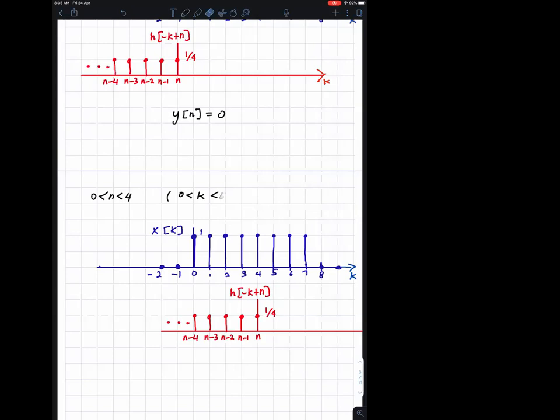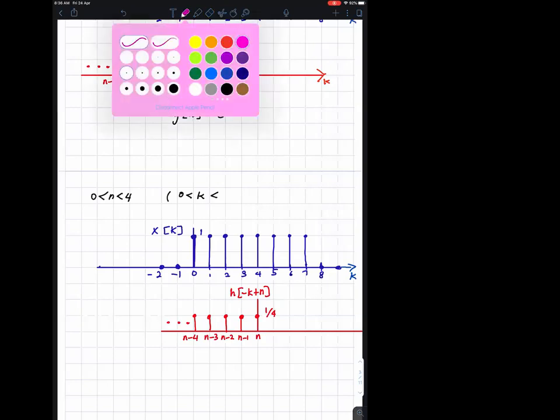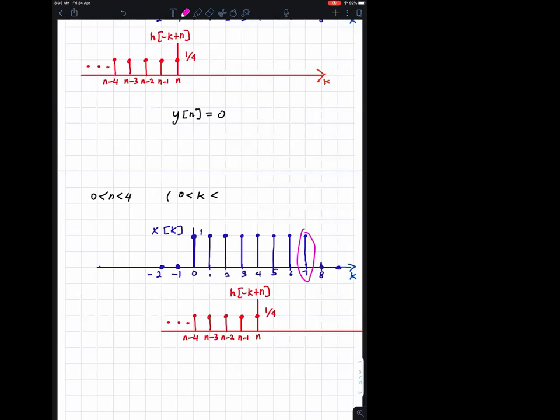The upper limit is 7 here, and after 7 everything goes to 0. So the maximum n can have is 7, I think.